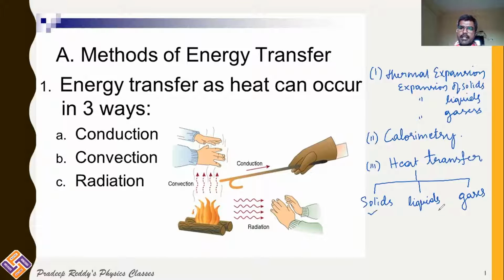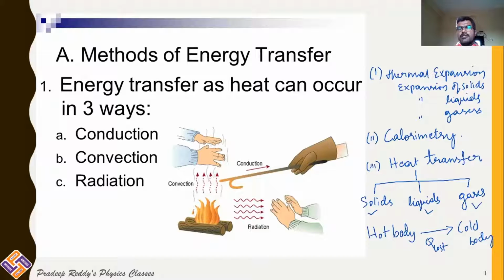Heat transfer takes place in liquids. Heat transfer also takes place in gases. So whenever heat is transferred from a hot body, there will be Q lost and there will be heat gained by the cold body. Hot body loses heat energy, cold body gains heat energy.